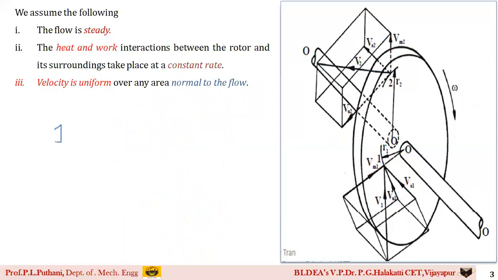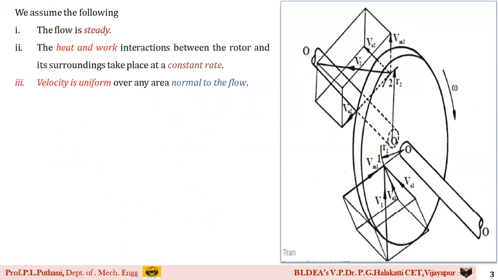The components with suffix 2 are outlet velocity components. Please do remember these things.